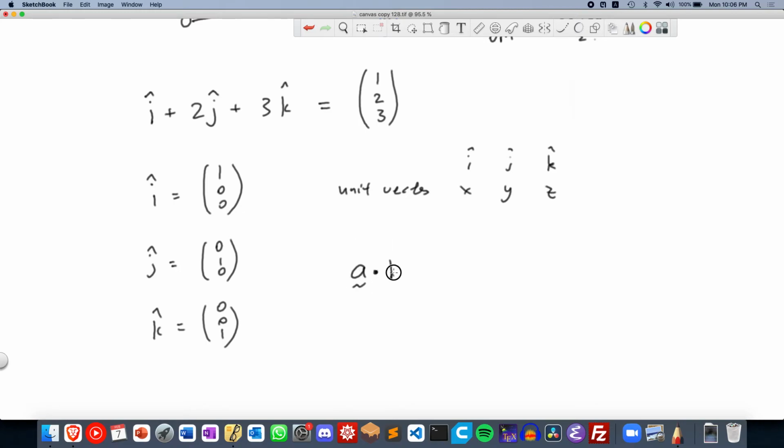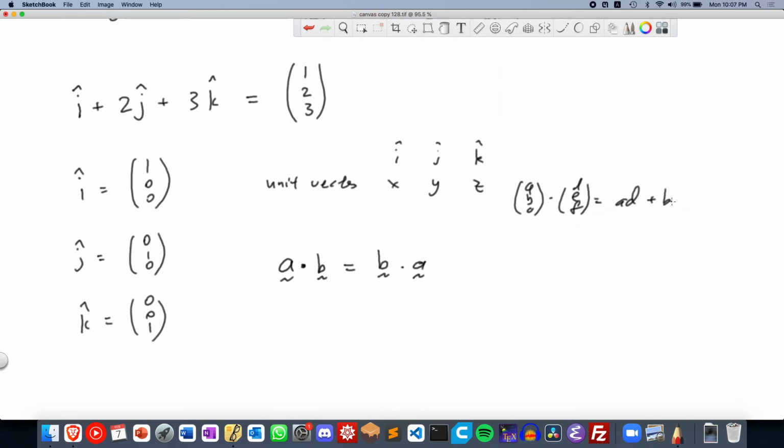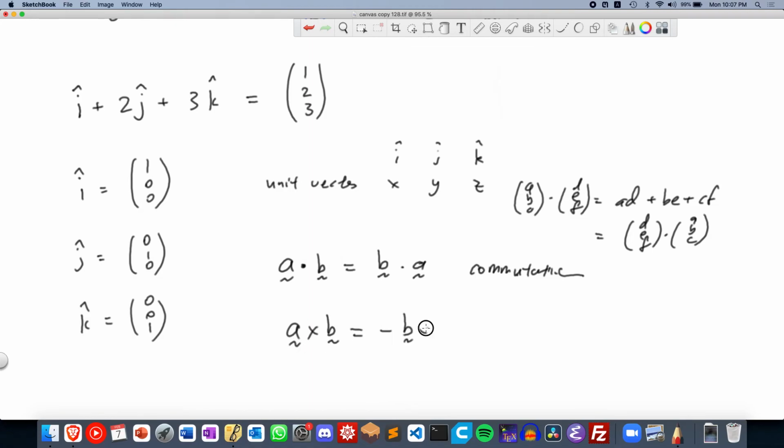I should have probably mentioned this in those lectures, but the reason is that if you work it out, a b c dot d e f is equal to ad plus be plus cf, and that is also equal to d e f dot a b c. So the dot product is commutative, but the cross product is anti-commutative, meaning that a cross b is equal to minus b cross a.